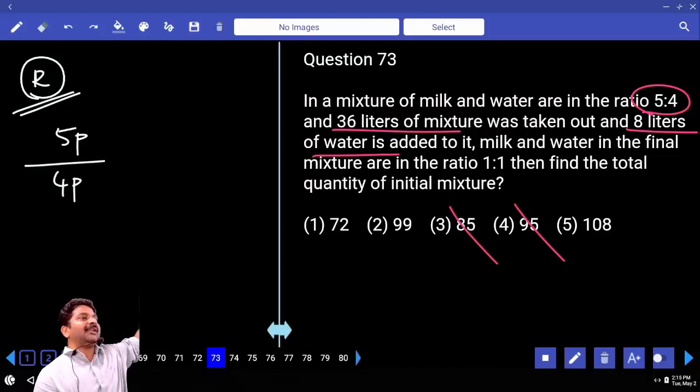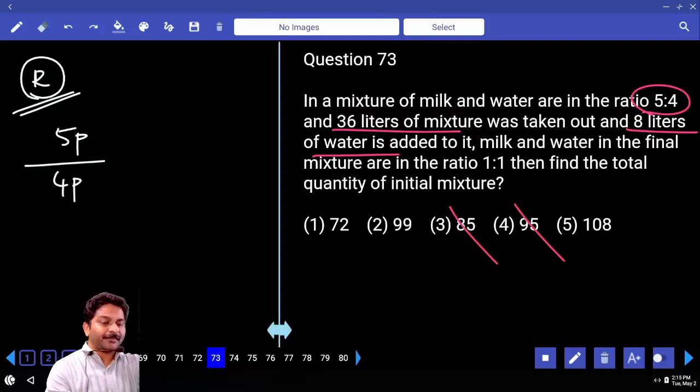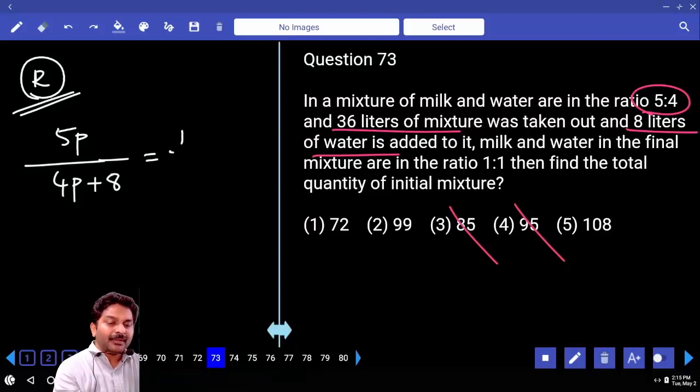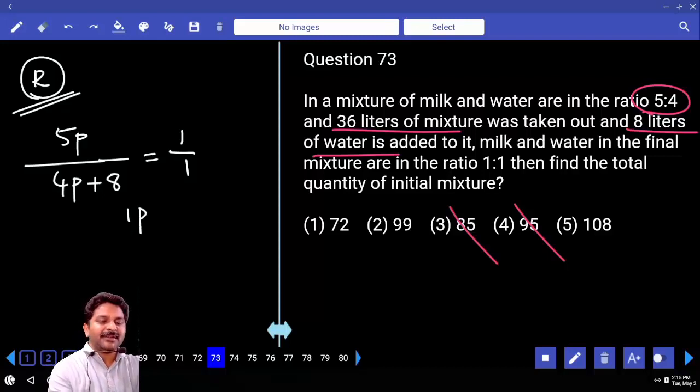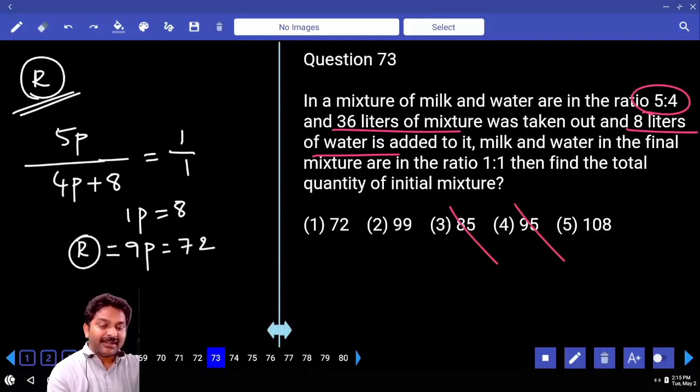Water added, is water in the numerator or the denominator? Then the ratio becomes 1:1. That means 5 parts is equal to 4 parts plus 8. That means 1 part is 8, and the remaining quantity is 9 parts, which is 72.